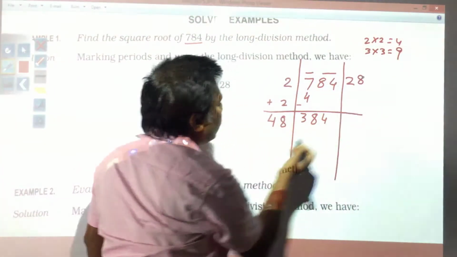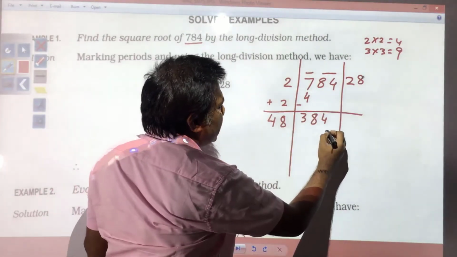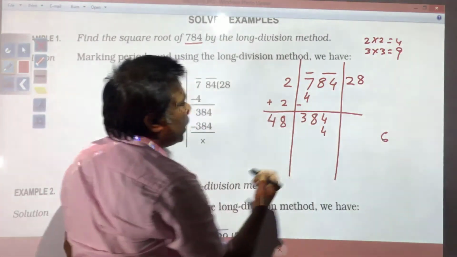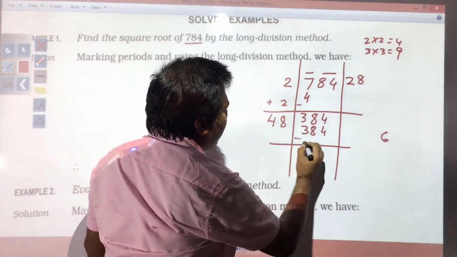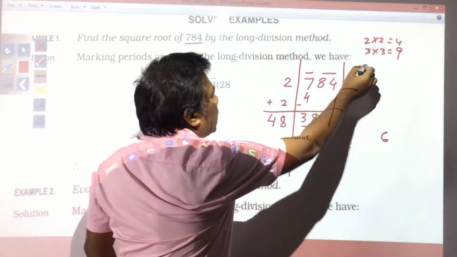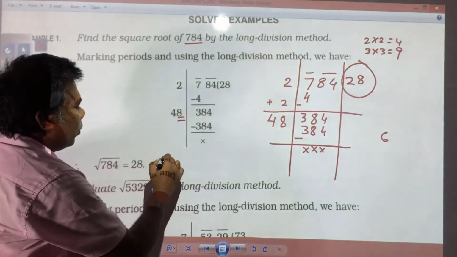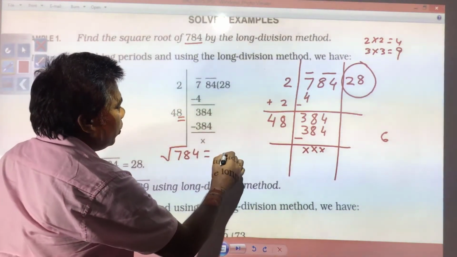Now your divisor is 48, you multiply: 8 eights are 64, 8 fours are 32 and 6 makes 38, and if you subtract you will get 0. So, your square root of 784 is equal to 28.